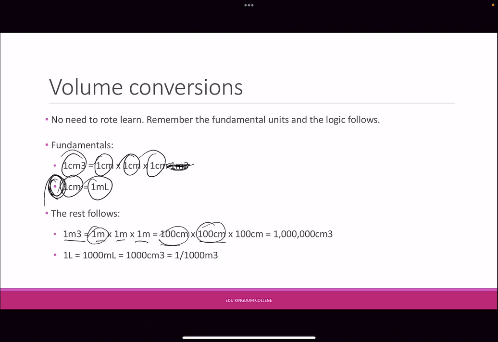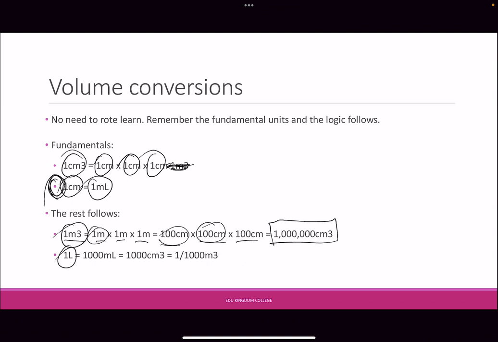So 100 centimeters cubed, multiplying by itself 3 times. So 1 meter cubed is actually 1 million centimeters cubed, not 100 centimeters cubed. You just need to remember this format, not each value exactly, and then you should be able to derive it on your own.